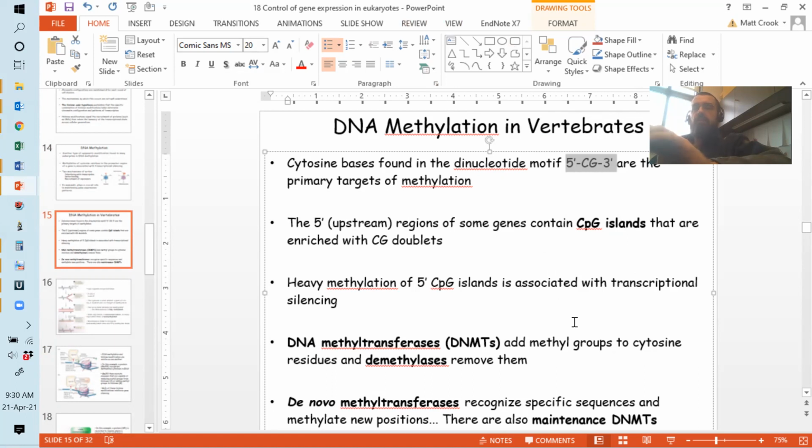And let's get, oh, we've got the definition there, but it doesn't hurt. We have DNA methyltransferases, DNMTs, equals methylation and silencing.